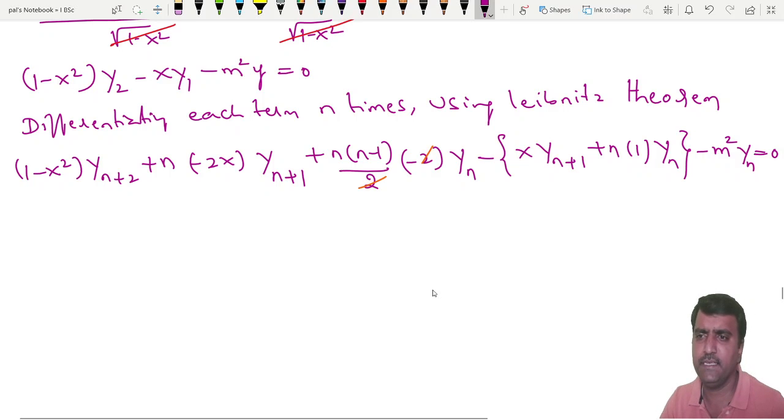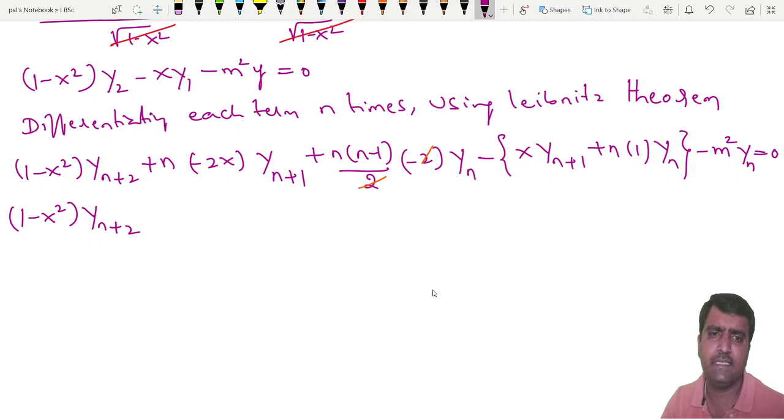So that is 1 minus x square into yn plus 2 first, and here you take yn plus 1 common factor. Here there are two terms, so take minus 2nx, and if you take minus outside, it is plus x, 2nx plus x into yn plus 1.